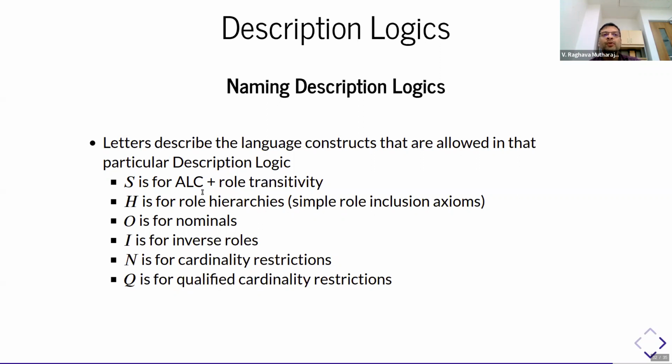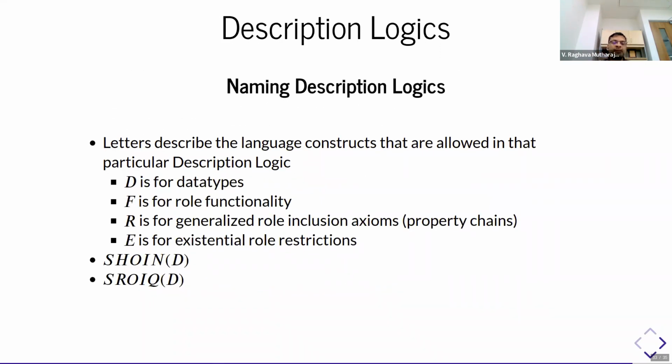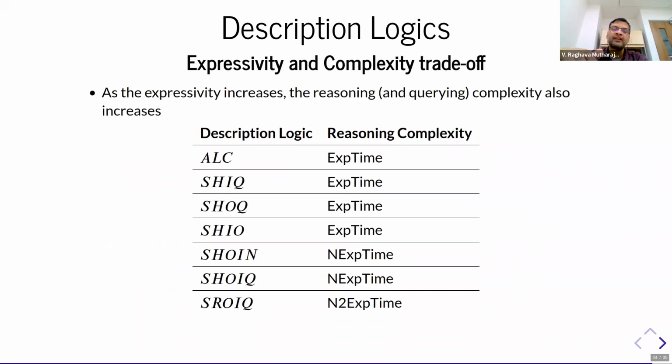It doesn't support cardinalities, inverse roles, and so on. So it's less expressive than a description logic that supports all these things. The more expressive the description logic is, the higher the reasoning complexity, and the less expressive it is, the lower the reasoning complexity.